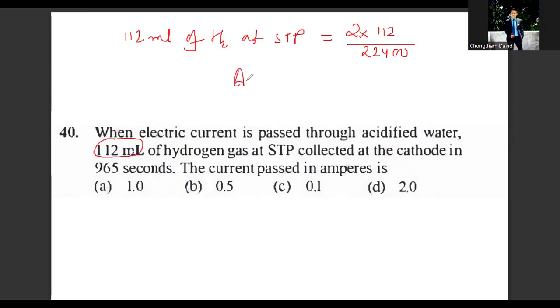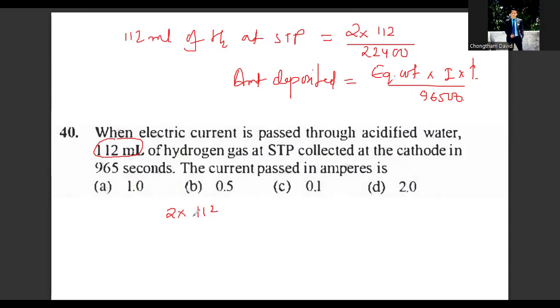Now the amount deposited you can find out from the relation: equivalent weight into current into time by Faraday's constant. So multiply this 112 from the above equation.